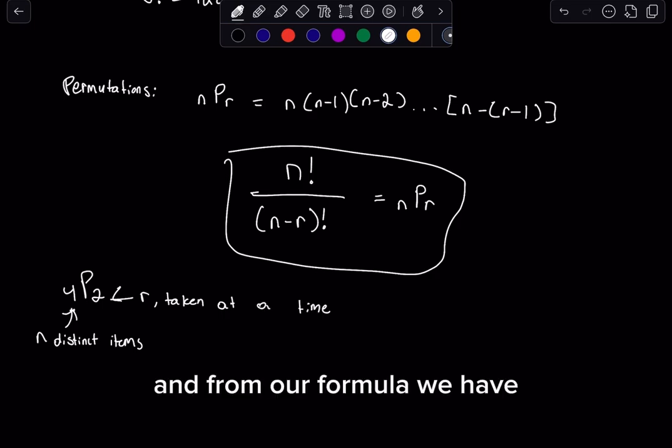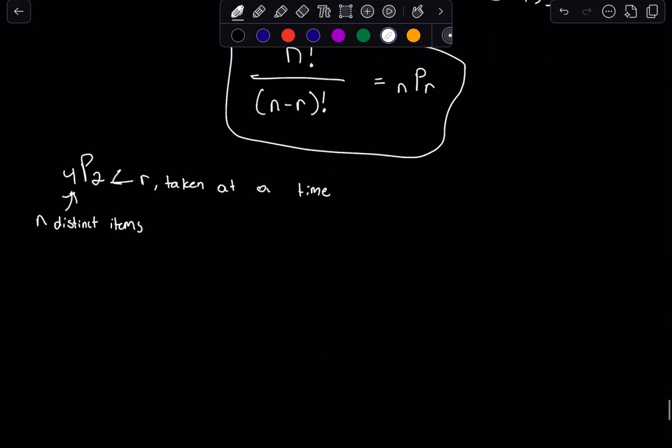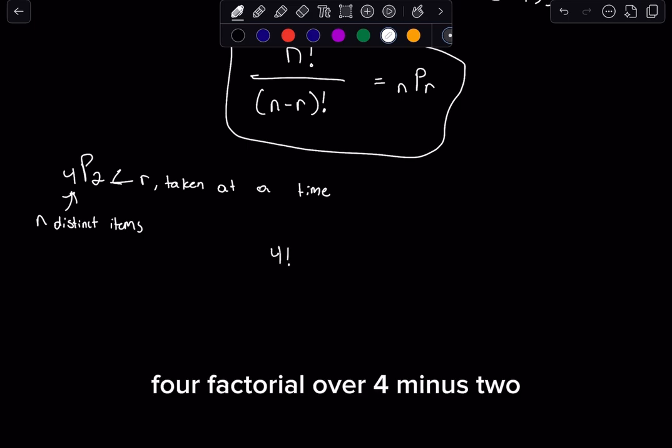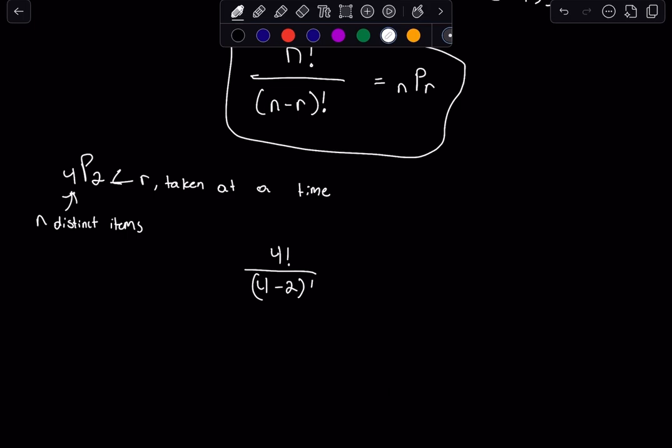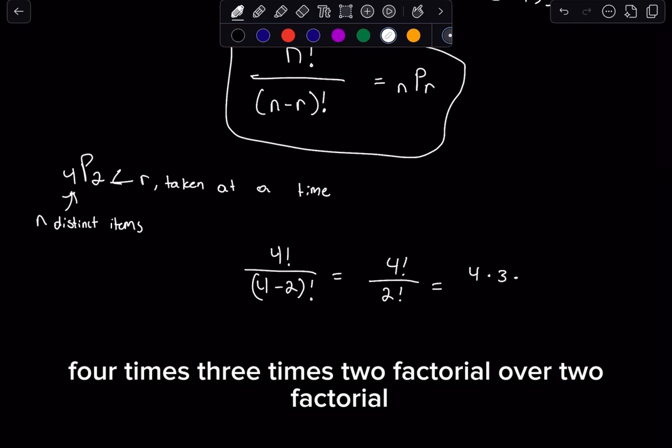And from our formula, we have 4 factorial over 4 minus 2 factorial, which gives us 4 times 3 times 2 factorial over 2 factorial.